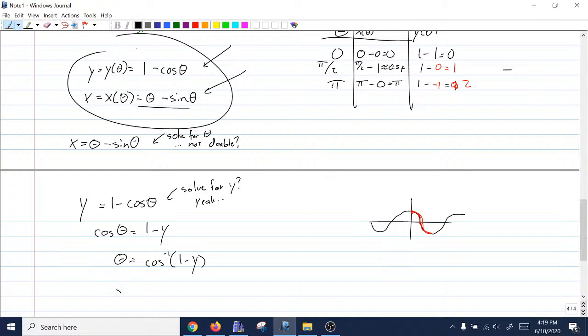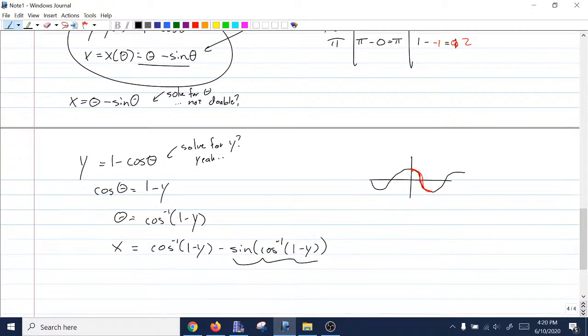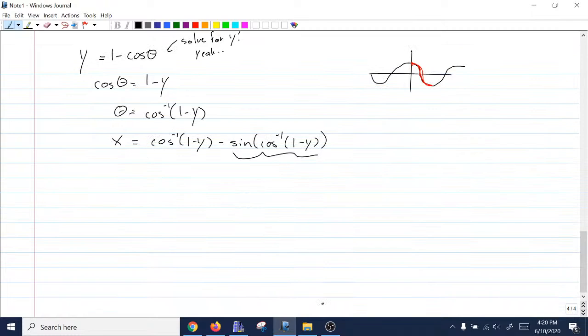So then our x becomes x equals theta, cosine inverse of 1 minus y, minus sine theta, sine of cosine inverse of 1 minus y. This is something that simplifies. This is the kind of expression that you want to draw a reference triangle for when you do a trig substitution. The idea is theta is some angle whose cosine is 1 minus y.